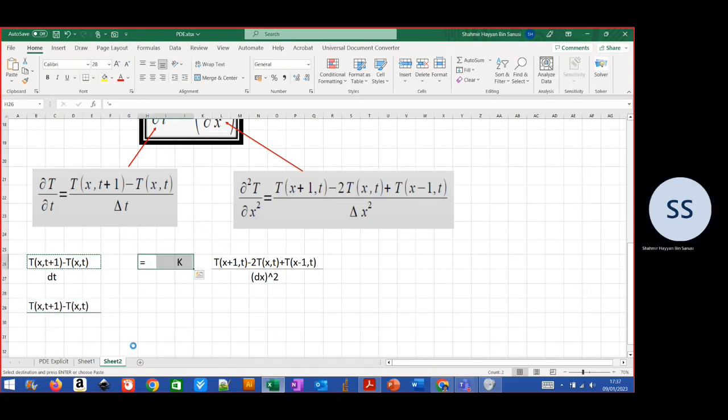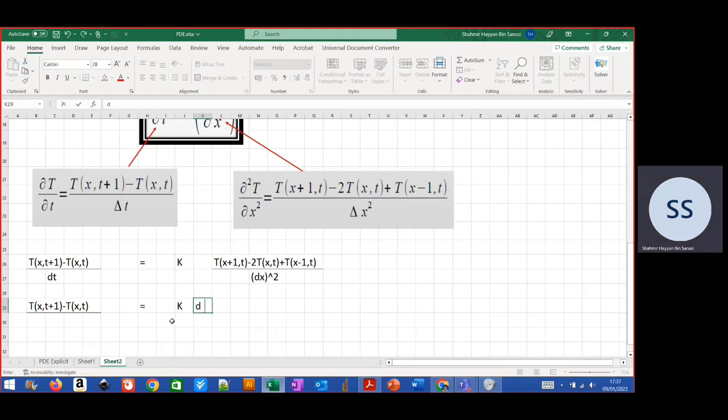So this will become K delta T over delta x squared, multiplied with this term.